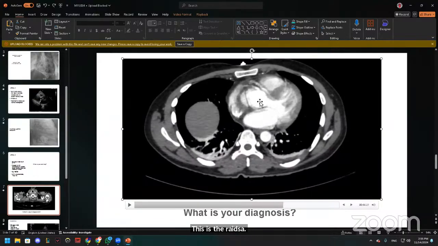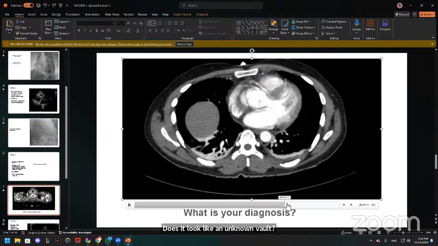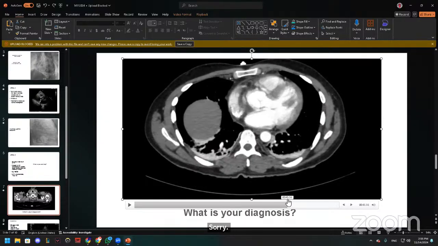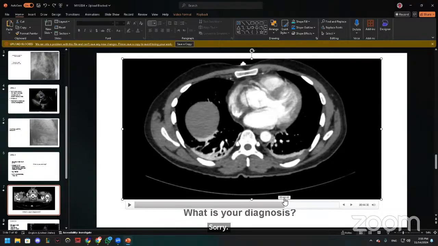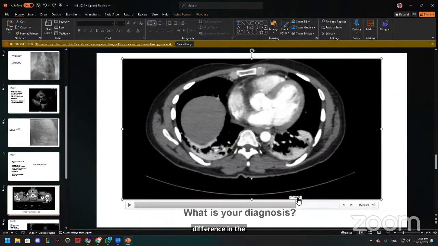Where are you pointing, Victor? Here. Yeah, this is the right, correct? Yeah. Does it look like it's involved? Yeah, maybe here in the right I can see maybe a difference in the contrast density. So maybe there is some involvement.